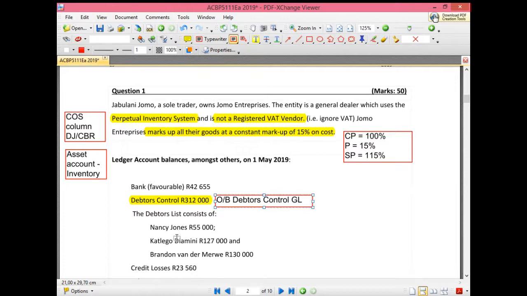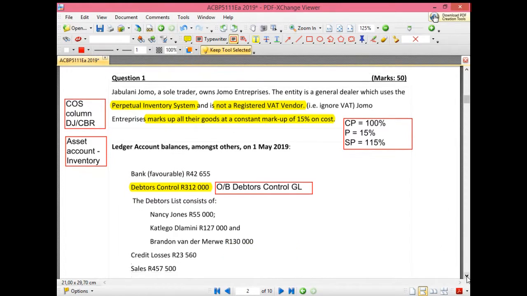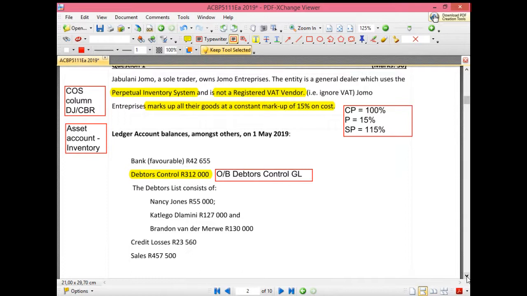And then they give you a debtors list consisting of the 3 debtors as well as credit losses. So that information you would potentially need, depending on the additional information, when we do the general journals to write off any bad debts or stuff like that.